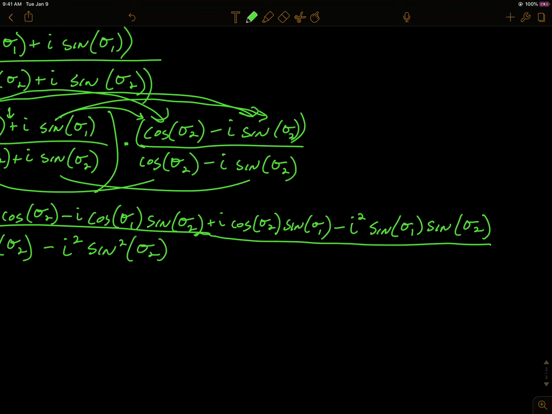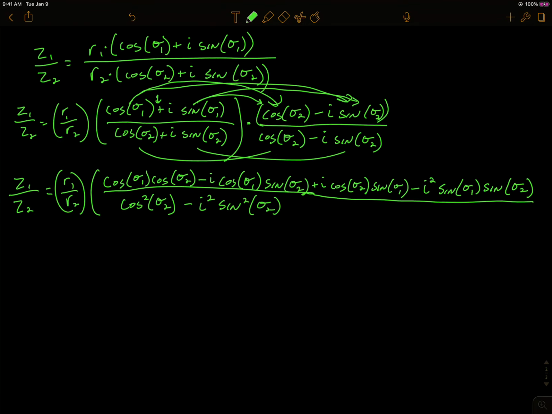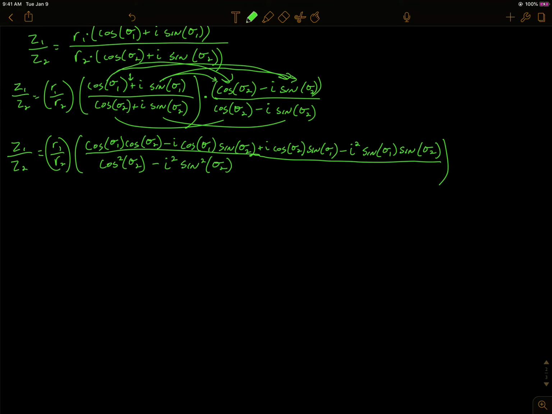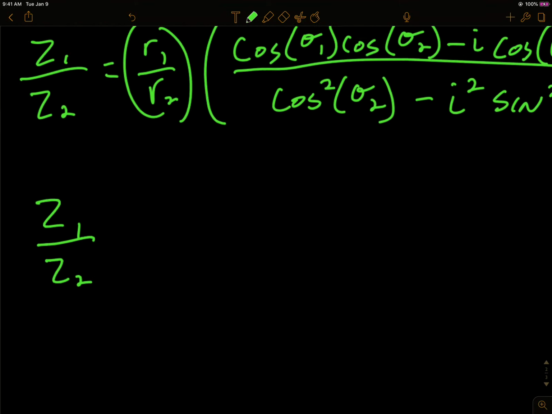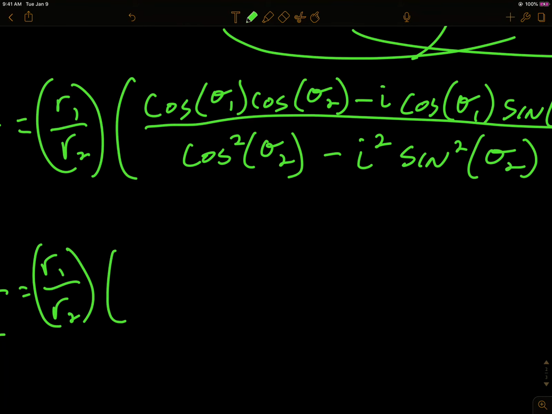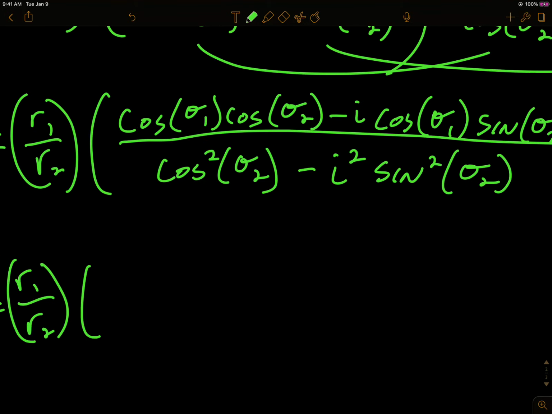Okay, so next up we're going to regroup in the numerator the real parts with the imaginary parts. So z sub 1 over z sub 2, we're going to keep track of the division of those magnitudes. So I've got the real part, cosine theta sub 1 times cosine of theta sub 2.